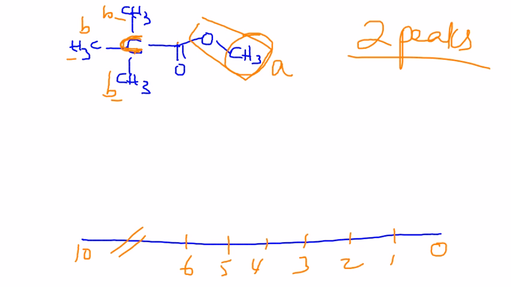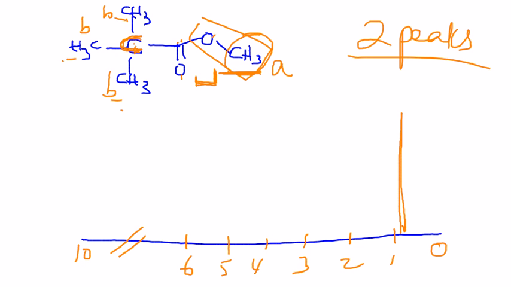Now if it's time to think about which one is going to be more downfielded, realize that this methyl is directly connected to an oxygen, which is an electronegative element. On the other hand, you have the 3 methyls which are connected to a carbon, which is connected to a carbon, and that is then connected to oxygen. So it's far away from the electronegative elements. That means that you will have 1 peak in the saturated alkane region.